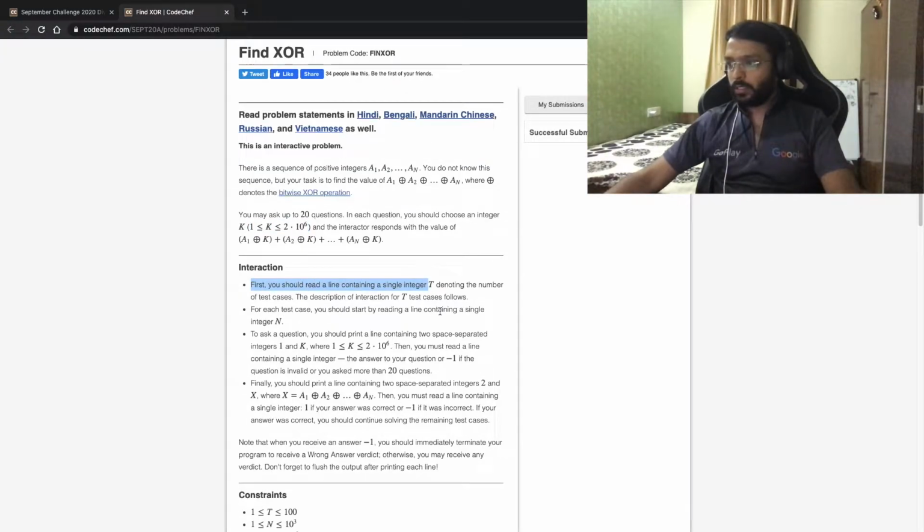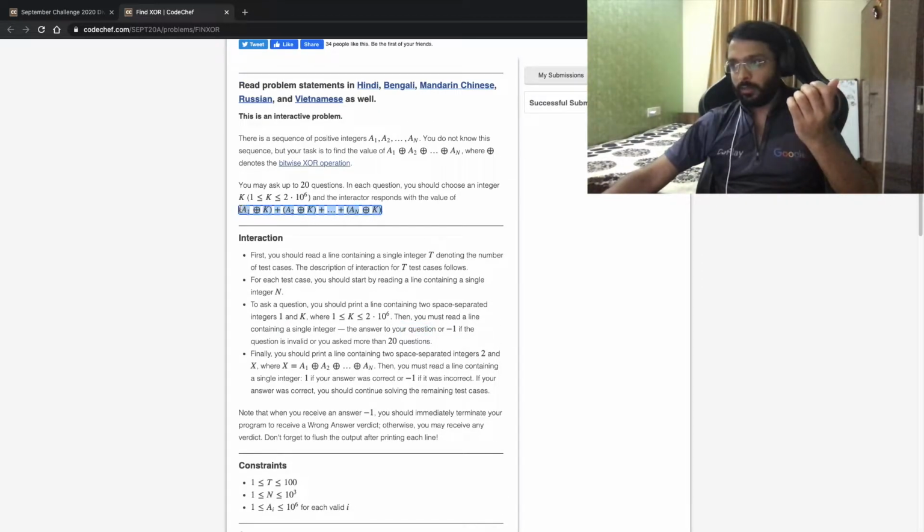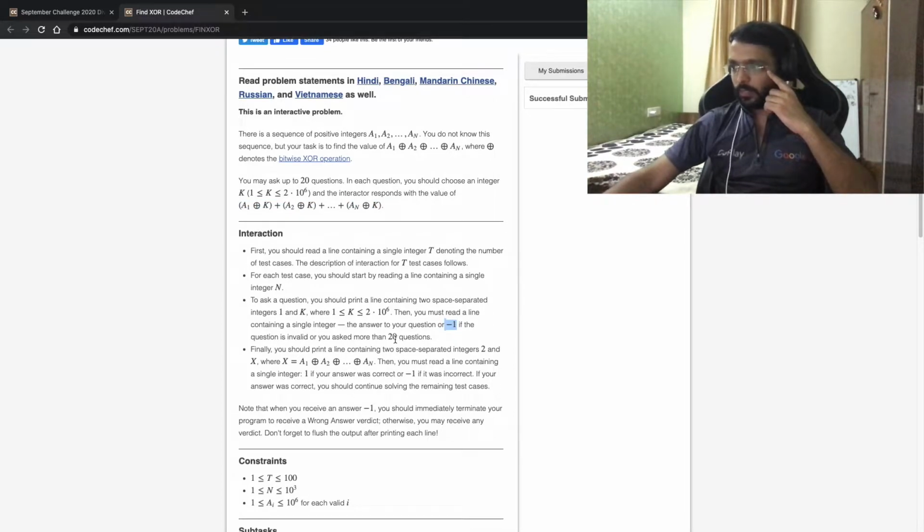Interaction: first you have T, then we have N. Then I have to ask a question directly. I will ask 1 and K, where K is any number between 1 and 2 times 10 raised to 6. The answer is either whatever the sum will be, or minus one if it's invalid.